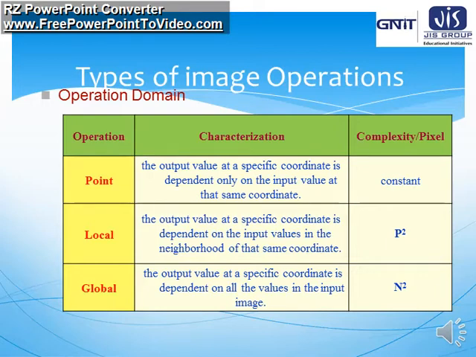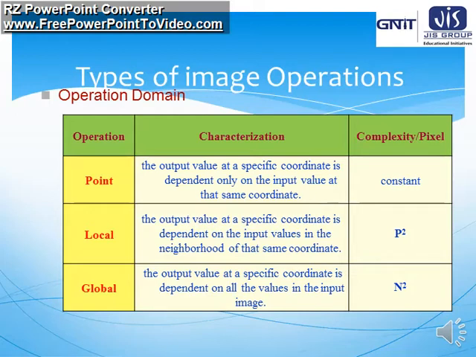For point processing, the output value at a specific coordinate is dependent only on the input value at that same coordinate, and the complexity per pixel is constant. Whereas for local processing or local domain, the output value at a specific coordinate is dependent on the input values in the neighborhood of the same coordinate, having a complexity per pixel of P squared.